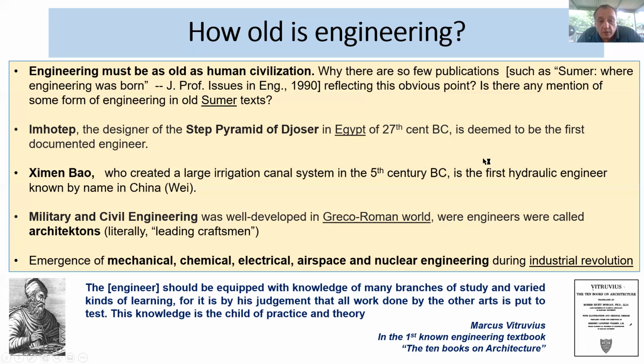"The engineer should be equipped with knowledge of many branches of study and varied kinds of learning, for it is by his judgment that all work done by the other arts is put to test. This knowledge is the child of practice and theory." I believe these words are as much related to ancient engineers as they are related to the engineering profession today.